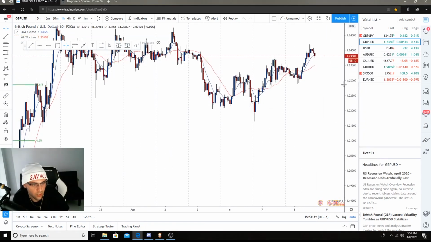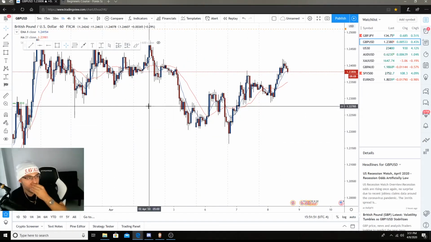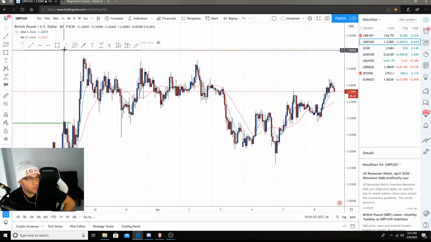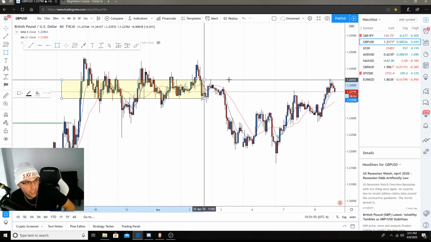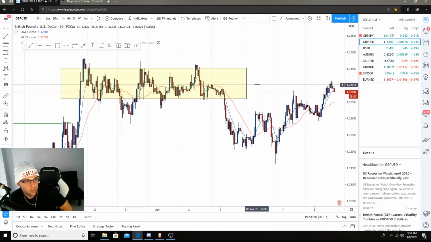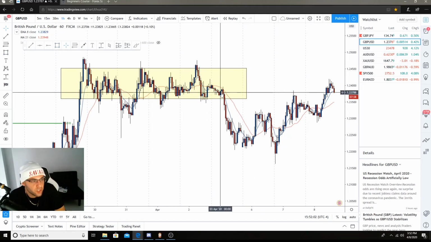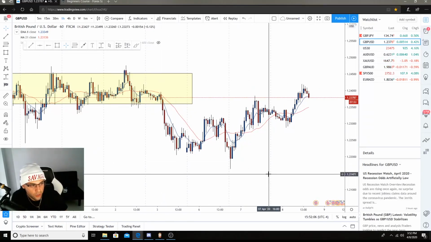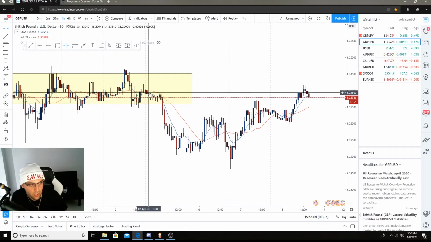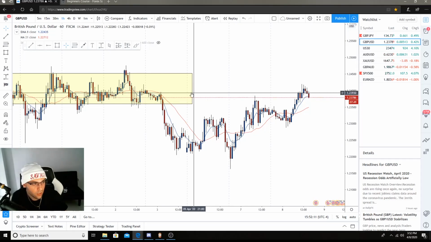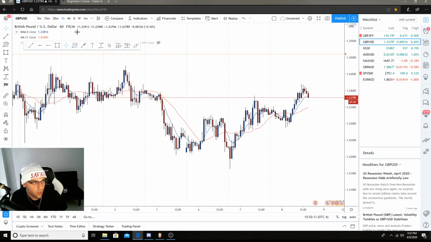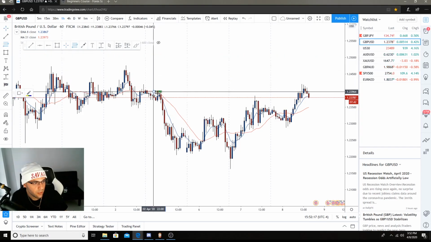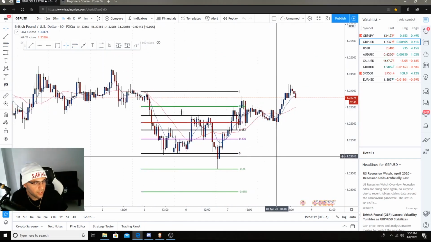Let's reset this chart. So now that I'm looking here, we have this little side channel. This is GBP USD, and it's just ranging. Now that we broke under this little side channel and we are creating new lower lows, let's draw a Fibonacci retracement here and here.